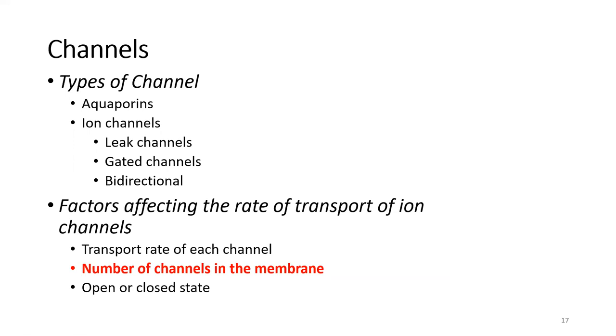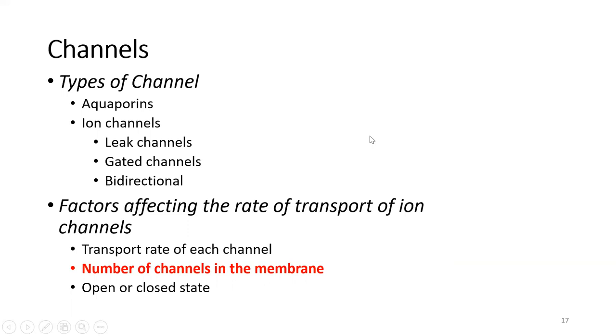They can also be ligand gated, where something has to bind to them in order for them to open or close. And then we also have bidirectional channels, which we'll talk about some examples of as we move along, but simply allow the bidirectional movement of ions or particles. Leak channels only allow one direction of movement. They can be in or out, but it's going to be either in or out, if that makes sense.